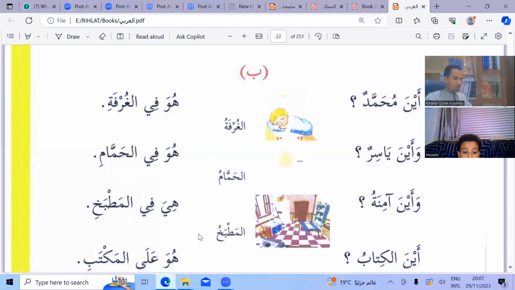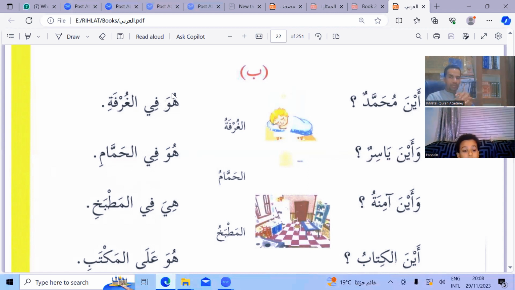What is the difference between هو and هي? Again يا حسين. Why does it say here هو في الغرفة about Muhammad and it says here about آمنة هي في المطبخ? What does هو and هي mean? What's the difference between هو and هي in Arabic?